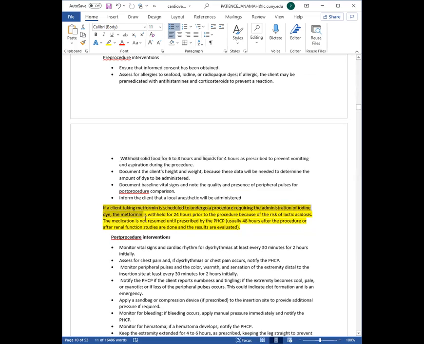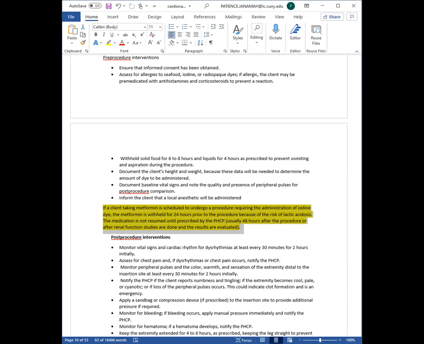Now, I told you if you see anything in yellow, you want to note that a client that is taking metformin should not undergo a procedure requiring administration of iodine. That's what I wanted to say.